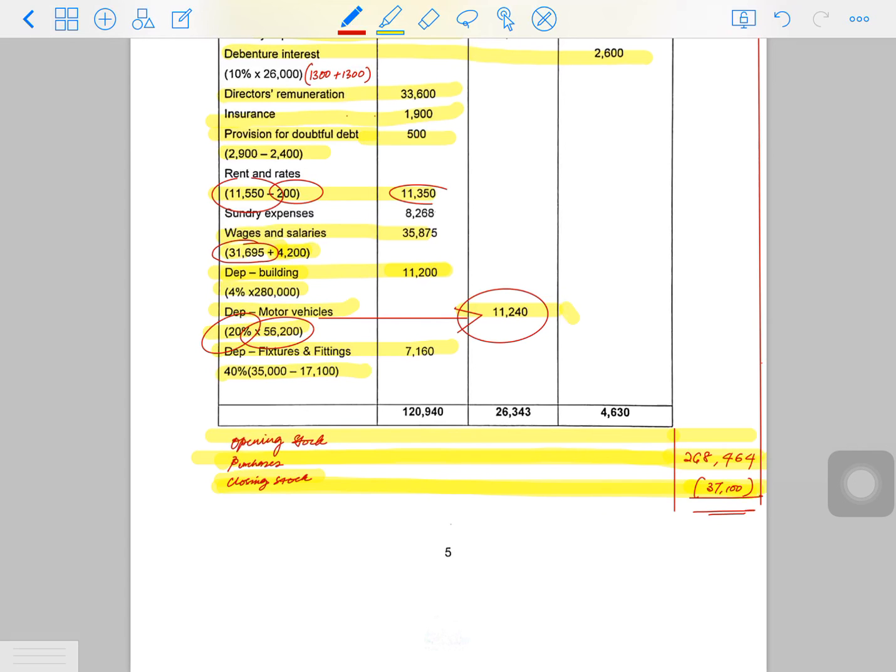Okay, 17,750. That will be on your financial position. Bank overdraft in your financial position, 17,750 in your financial position.